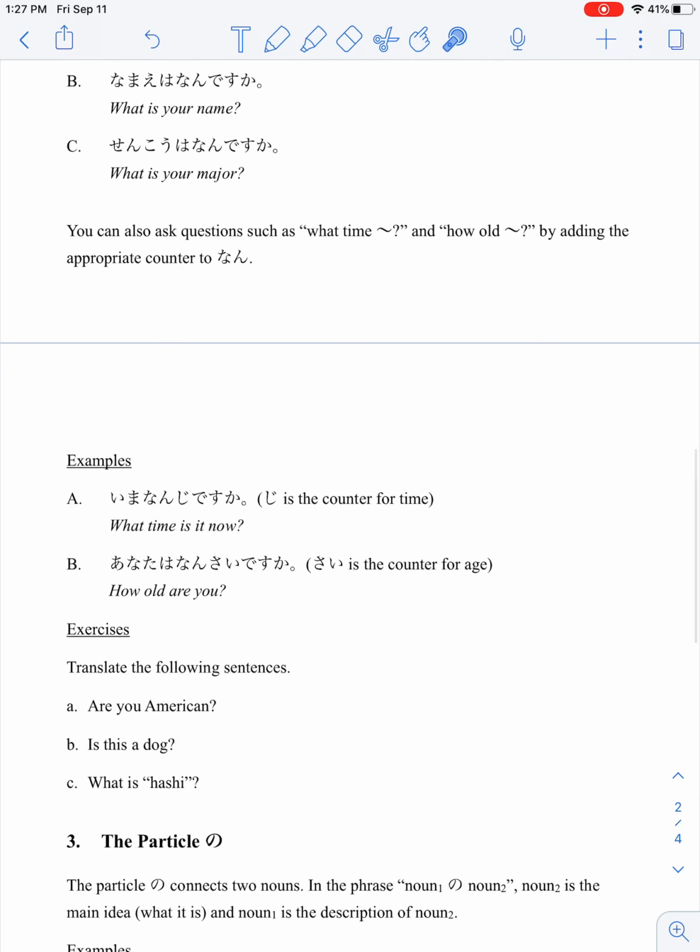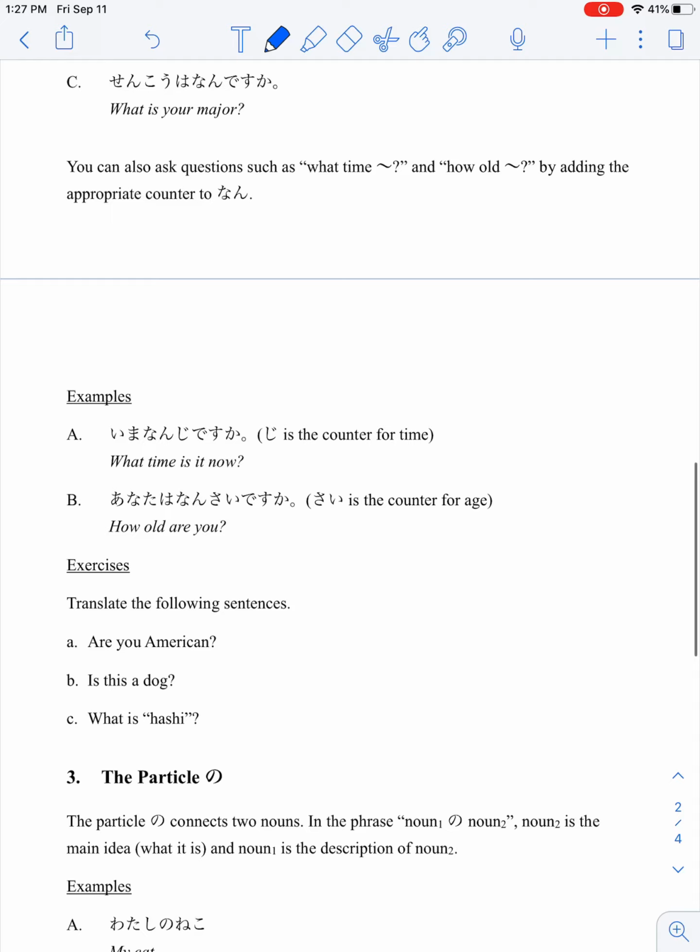Okay, let's do some exercises. How do you ask someone, are you American? So first, we want to think about how to say you are American. And then all we need to do is to add the question particle ka at the end.